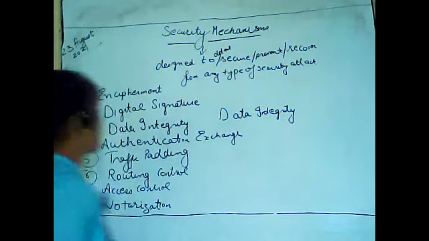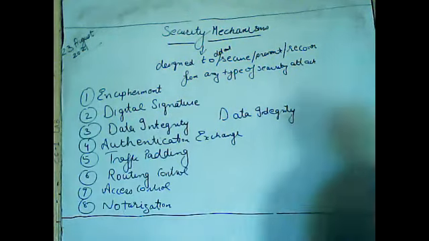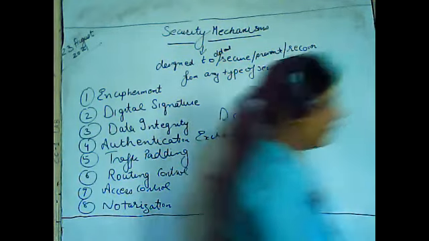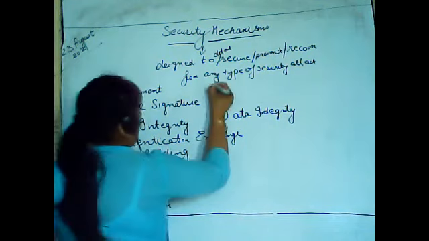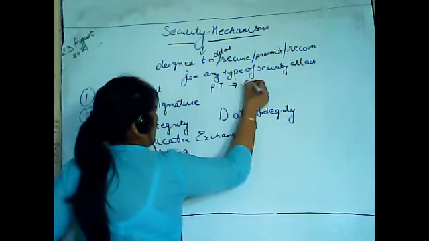The first method is encipherment. What we mean by encipherment is that it converts the plain text to the ciphertext.